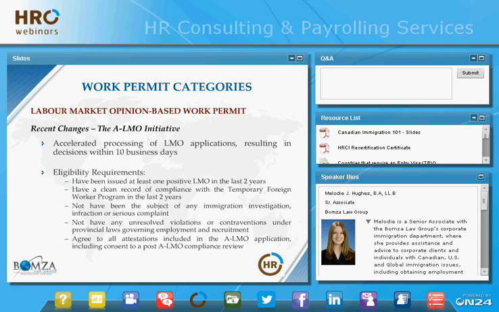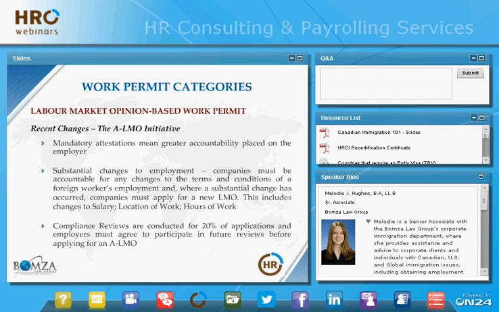With the introduction of these attestations, the onus is really being placed on the employer to ensure that they are fully compliant and that any substantial changes to employment, including changes in salary, either an increase or a decrease, location of work, hours of work, etc., are reported to Service Canada and, if need be, a new labour market opinion obtained before that change takes effect.